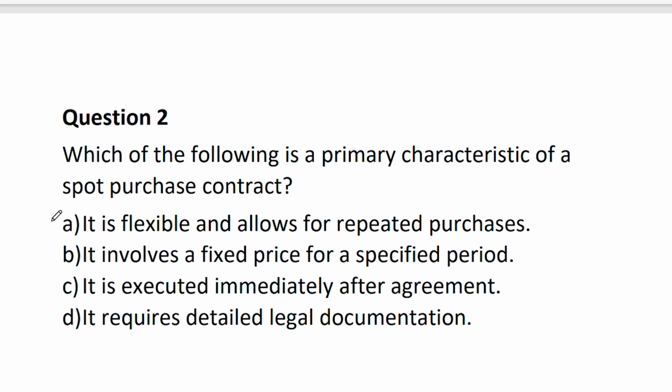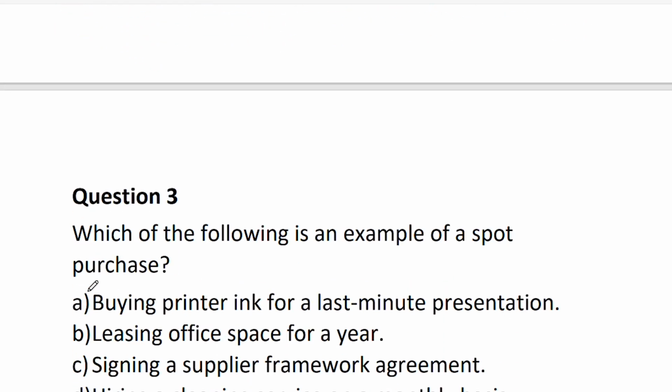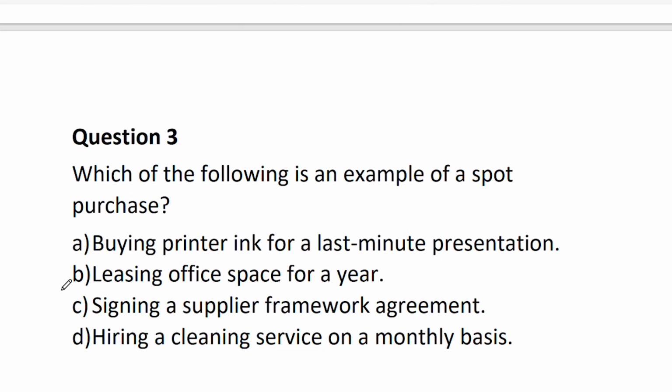It is executed immediately after agreement. It requires detailed legal documentation. Well, it is executed immediately after the agreement because you buy something and, well, that's it. The contract is done at that point, right? They deliver, you're done. Which of the following is an example of a spot purchase?